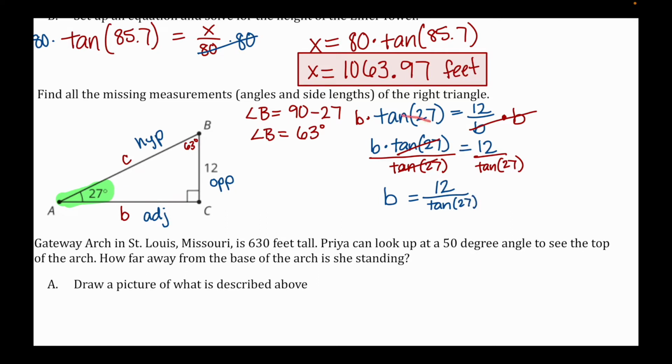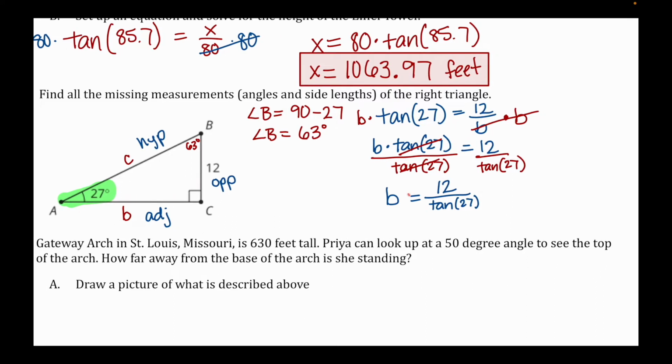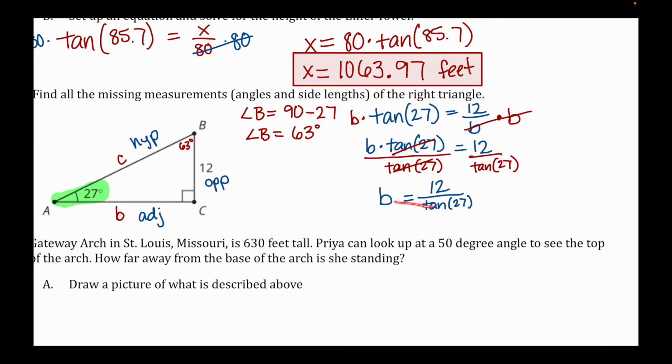You can see I had 12 divided by b originally is equal to tangent, and it's kind of like the b and the tangent 27 just traded places. As you continue to solve more of these problems, you'll find that your variable and then your sine, cosine, or tangent function will trade places if your variable begins in the denominator.